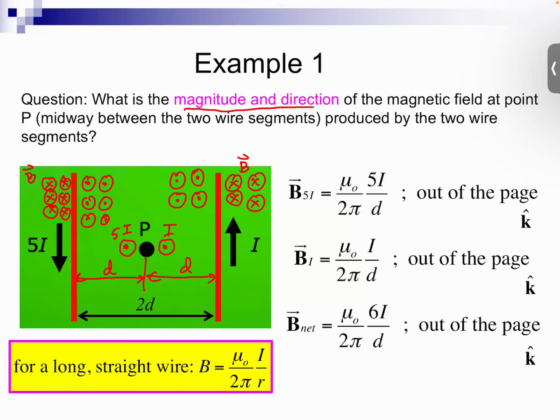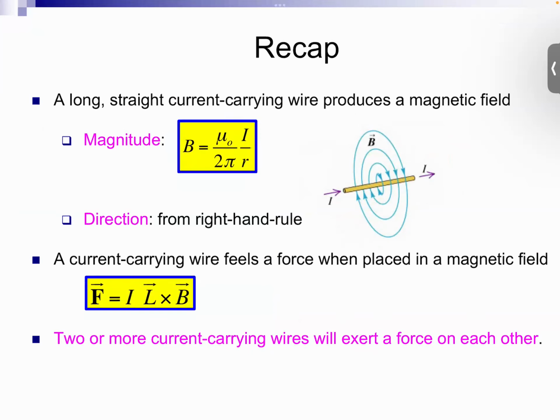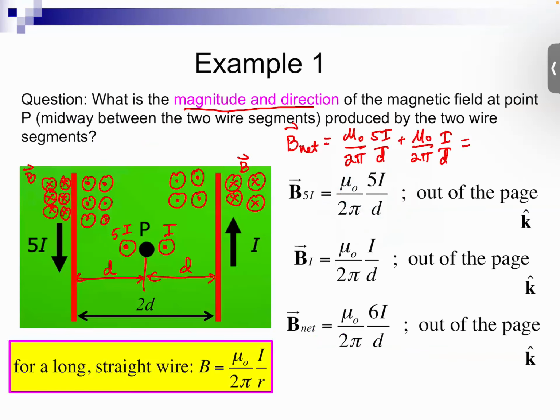So if you write this down as the net magnetic field, you have mu naught over 2 pi times 5I over d plus mu naught over 2 pi times I over d. Mu naught, I, 2 pi, and d are common in those two terms, so you can factor them out. You can have mu naught over 2 pi times I over d, and you're just doing 5 plus 1.